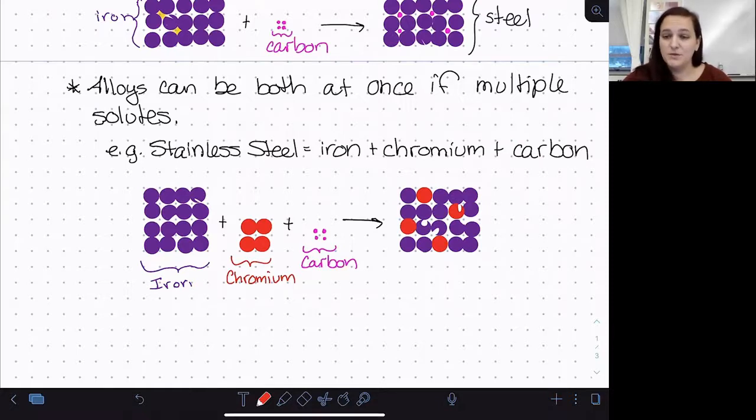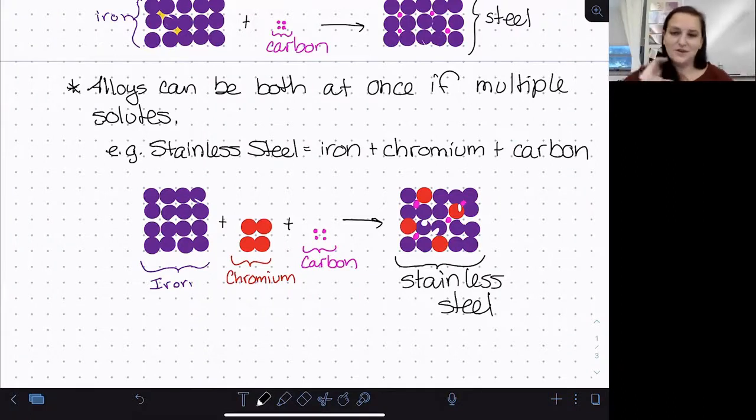Those atoms are much, much smaller. So those are going to insert themselves into the spaces between the atoms. So that's how we end up with this arrangement that's sort of both substitutional and interstitial at the same time. One of our solutes is very similar in size to our solvent, and the other one is much, much smaller.